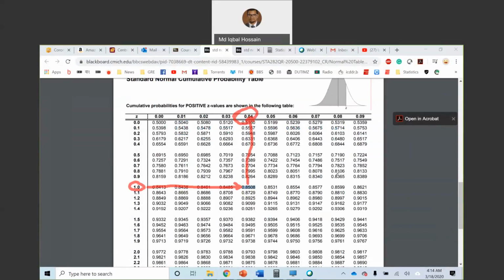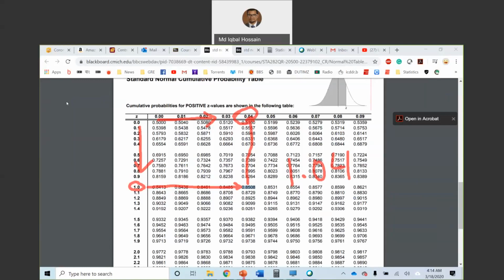So which value are we taking now? We are taking 1.04. We are taking the first digit after the decimal from this line, and the second digit after the decimal from that line.